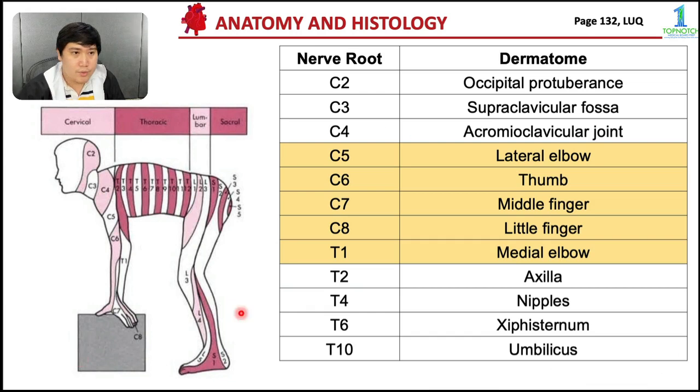So these are your dermatomes, arranged as such in this position. Important, usually asked is the upper extremity. So you start with C5, C6, C7, C8, and T1.